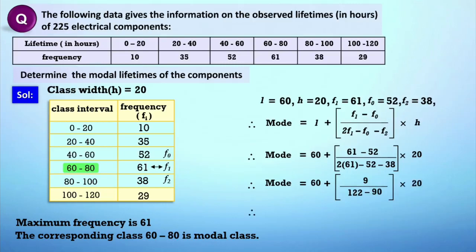We simplify it further, that is 60 plus 180 upon 32. We cancel it out, we get 5.625. We add it to 60, we get 65.625. That is the modal lifetime of the electrical components is 65.625 hours. With this, we have learned how to calculate the measures of central tendency of the given data. Thank you.